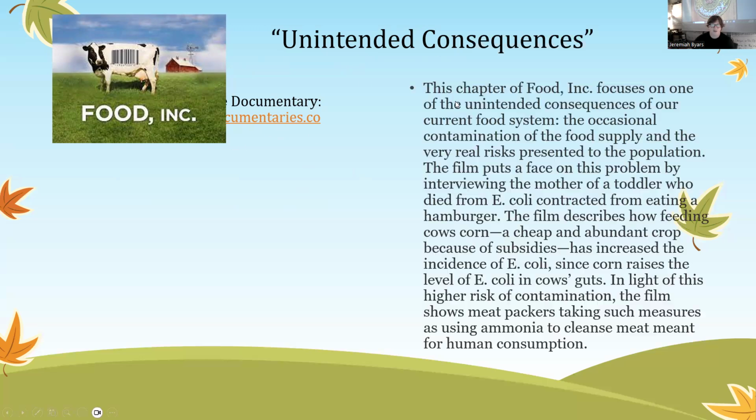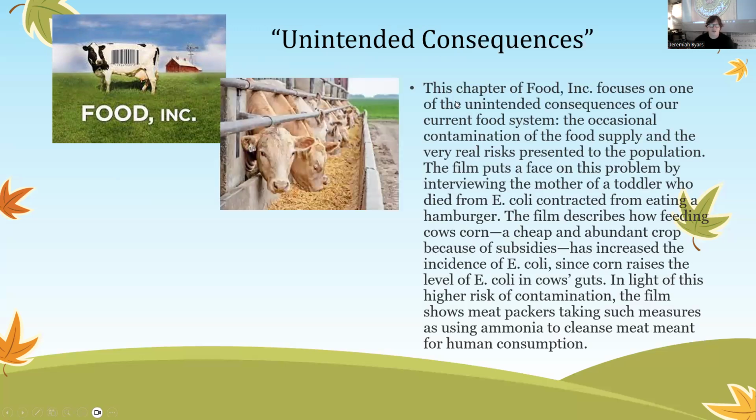This chapter of Food Inc. focuses on one of the unintended consequences of our current food system, the occasional contamination of the food supply and the very real risks presented to the population. The film puts a face on this problem by interviewing the mother of a toddler who died from E. coli contracted from eating a hamburger.